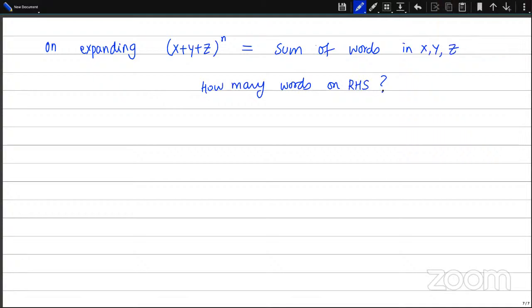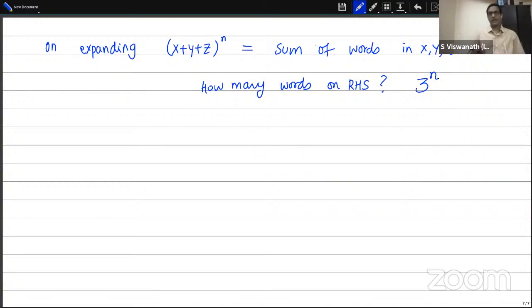Three power n, absolutely. Why is this? Because from the first bracket I have 3 possible letters, x or y or z. There are n brackets, 1 to n. There are 3 possible alphabets from the first bracket, 3 from the second bracket, and so on. So it's 3 into 3 into 3, n times. So there are 3 power n total words that I will get.